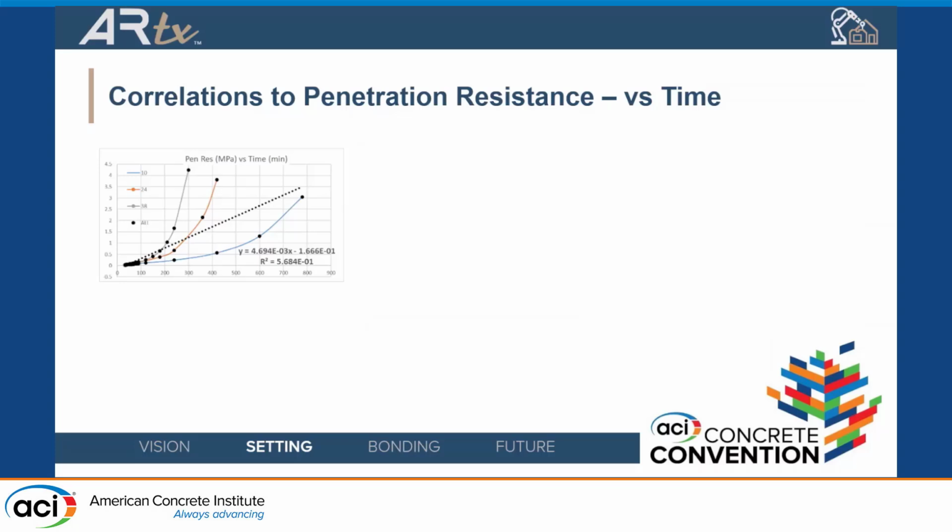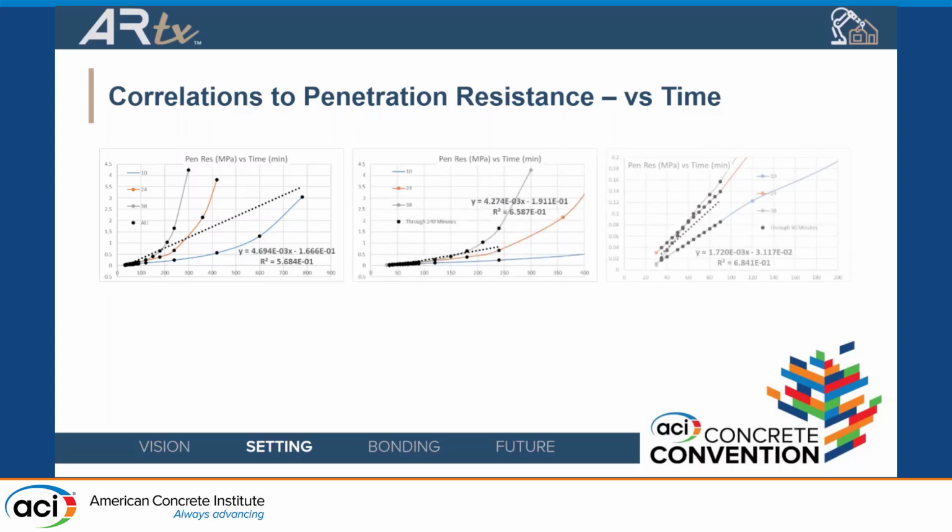And we could see that with time, that penetration resistance gain really changes with the temperature. We all kind of know this already. There's a best fit line here that just shows if we try to use time to predict penetration resistance without knowing the temperature, it doesn't work very well. Even in the first 90 minutes, it doesn't work very well.